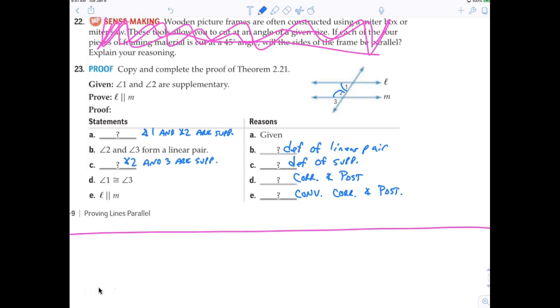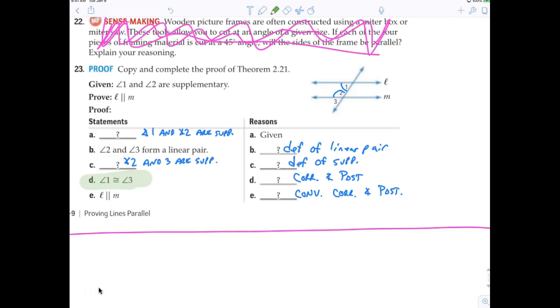We have now proven the consecutive interior angle theorem. So now if it comes up, we're allowed to say, because they're consecutive interior angles, the lines are parallel. And again, I keep stressing it goes back to the fact that we used corresponding angles, which is a postulate.